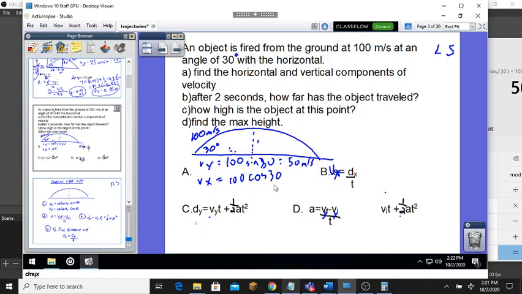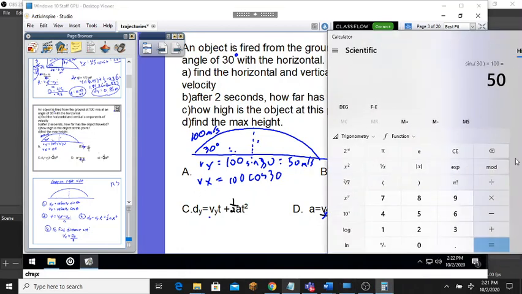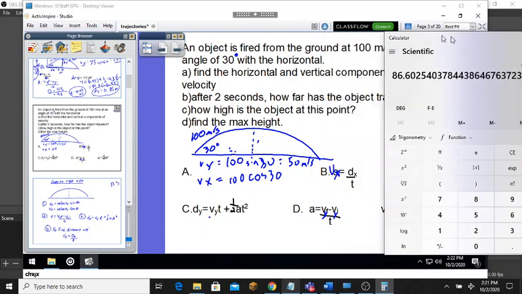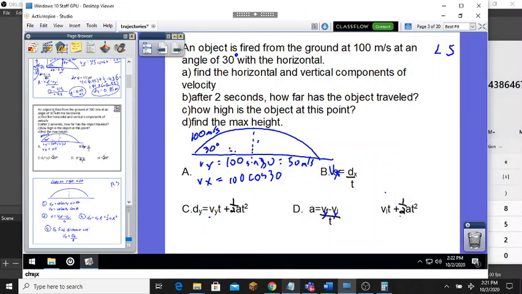Same thing with the second one. We're going backwards, okay? 30 cosine times 100. You always want to clear this first. 30 cosine times 100, and that gives me 86.6.